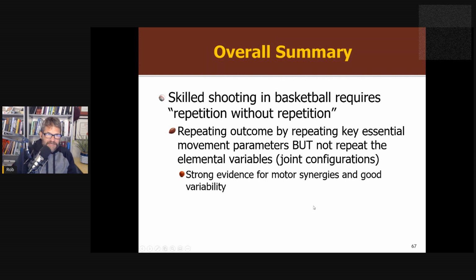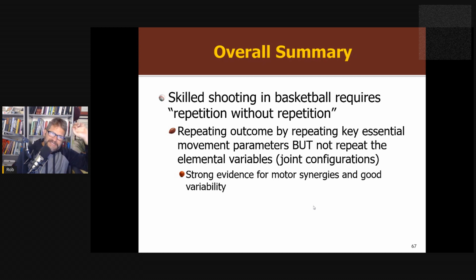So overall, to conclude this whole thing, I think basketball is another sport consistent with this alternative view of skill. Skilled shooting in basketball requires repetition without repetition. The research seems to be supporting that. You use different muscle activity. You're using synergies between joints.